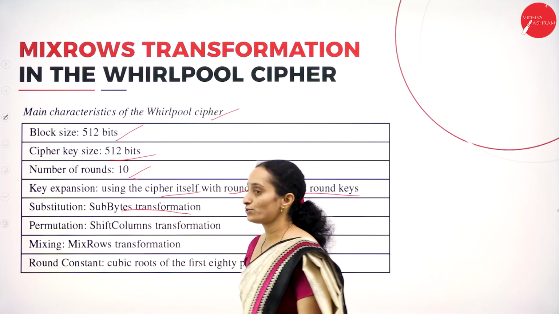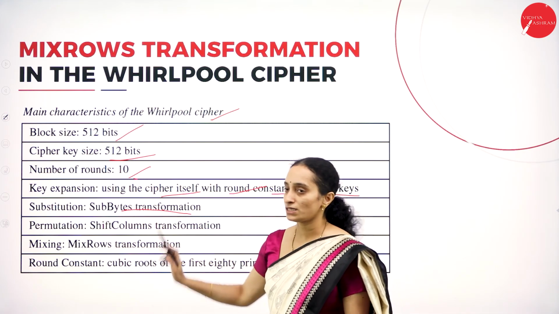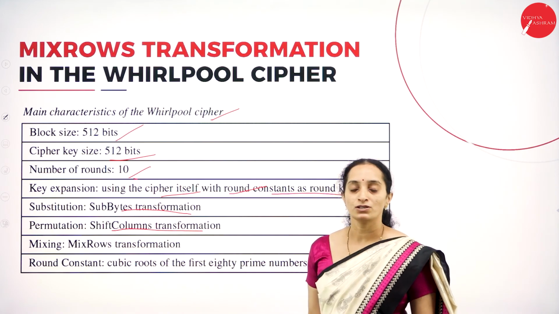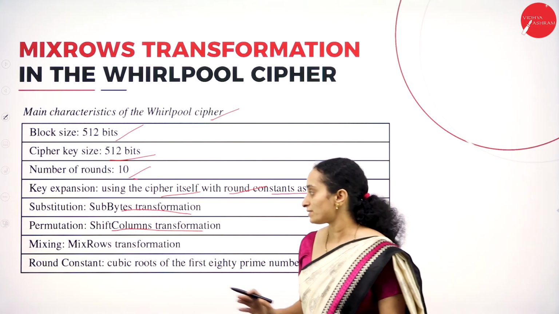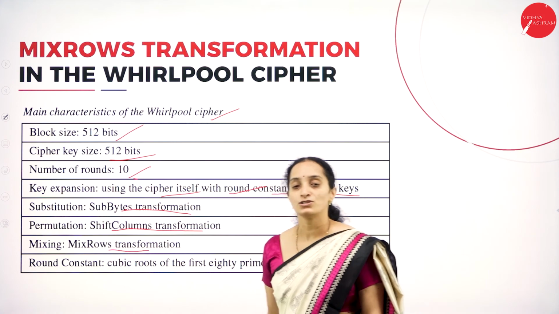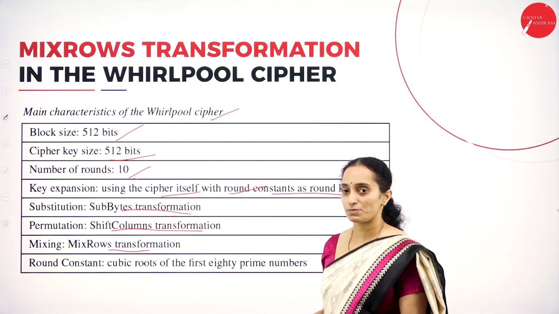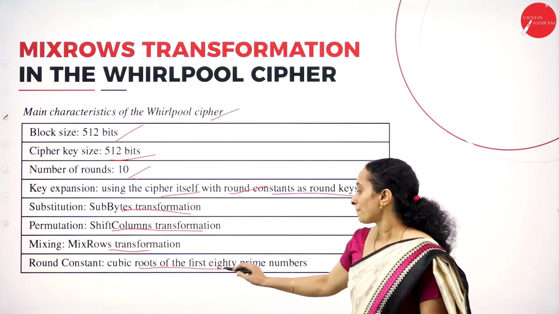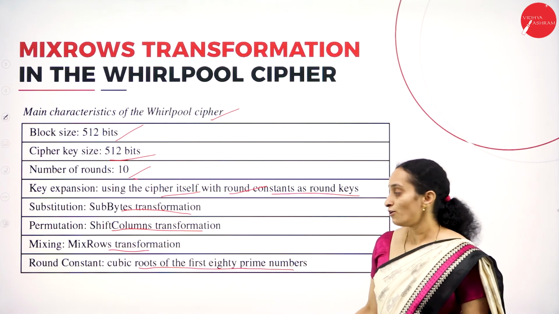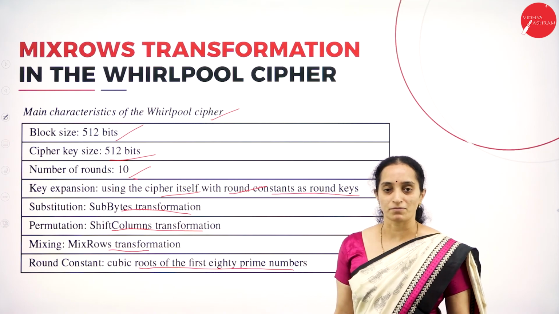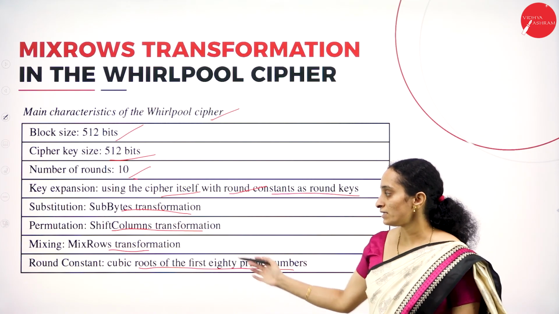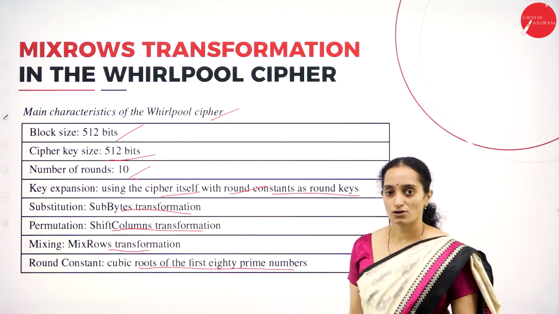Next, substitution will be done by using the subbytes transformation. Then permutation will be done using the shift columns. Then mixing will be done using the mix rows transformation. Lastly, round constant will be obtained by cubic roots of the first 80 prime numbers. We use cubic roots of the first 80 prime numbers to get the round constant.